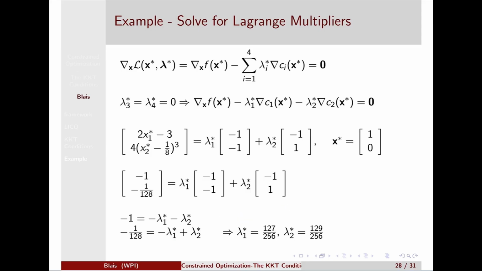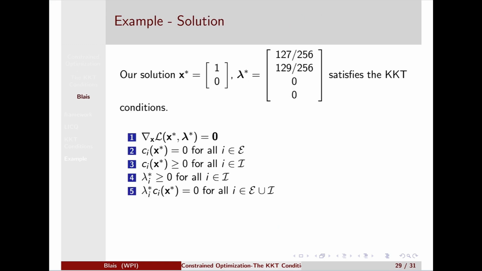And when you do that, you get lambda 1 star is 127 over 256, and lambda 2 star is 129 over 256. And putting all of this together, we now have our solution. So we have the solution x star is (1, 0), and lambda star is (127/256, 129/256, 0, 0).